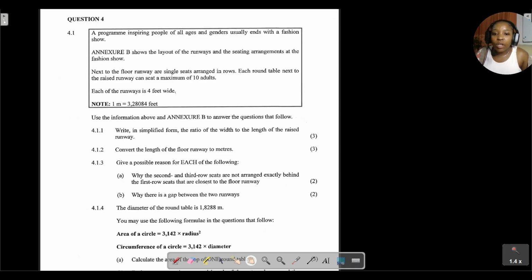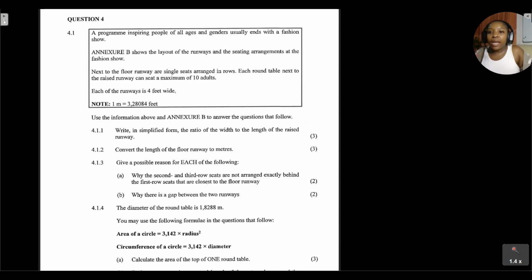Right, so let's have a look at question number 4. It says a program inspiring people of all ages and genders usually ends with a fashion show. Annexure B shows the layout of the runways and the seating arrangements at the fashion show. Next to the floor runway are single seats arranged in rows.